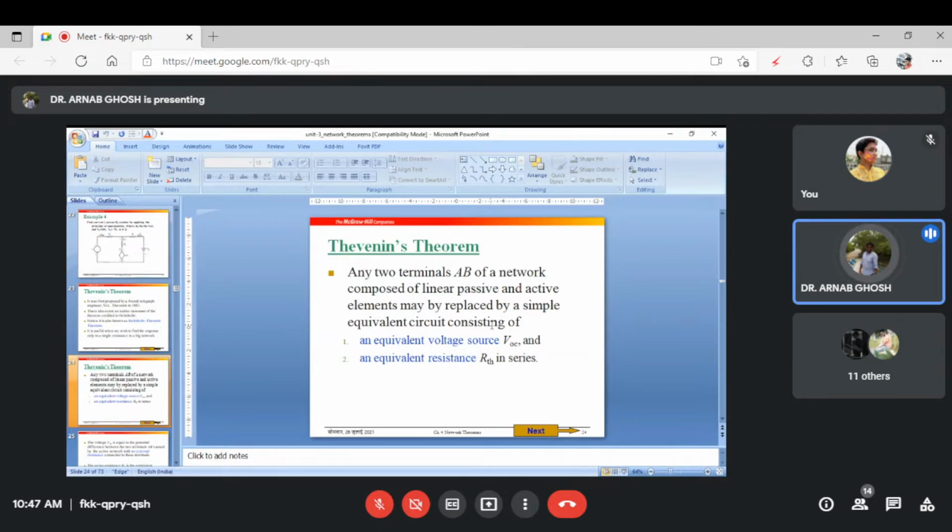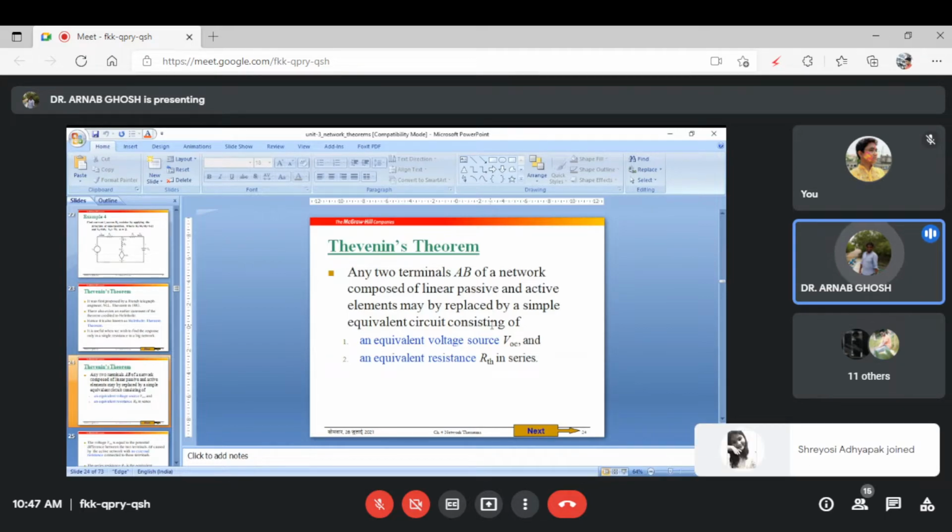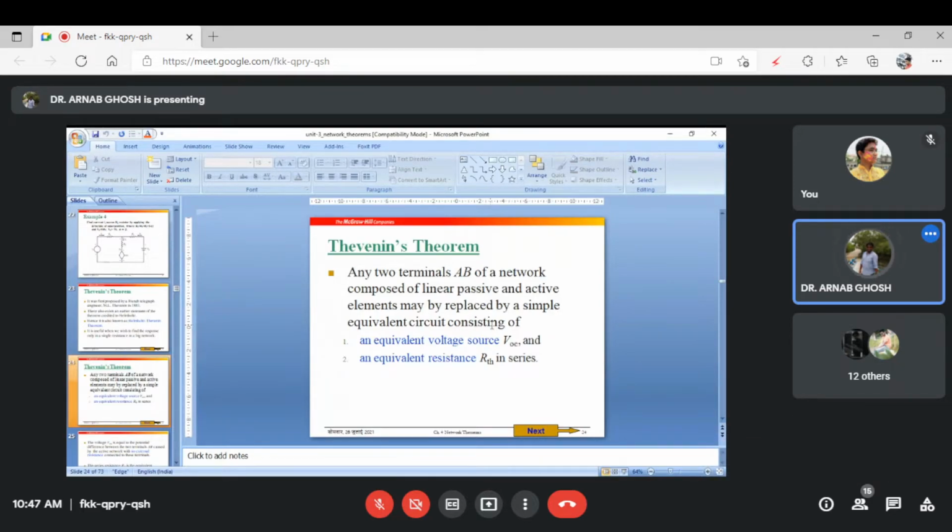Thevenin's theorem states that the current flowing through a load resistance RL connected across any two terminals A and B of a linear bilateral network will be given by the open circuit voltage across the terminals when RL is removed and the internal resistance of the network as viewed back from the open circuited terminals.